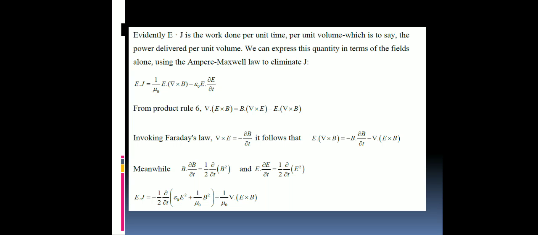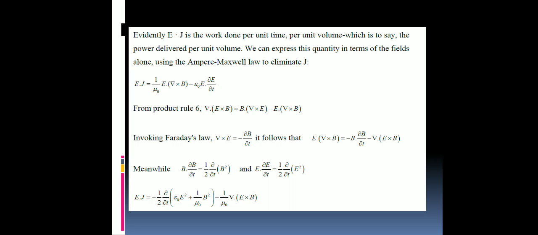Meanwhile, we can write B dot dou B by dou t as 1 by 2 dou by dou t of B squared. Similarly, E dot dou E by dou t is equal to 1 by 2 dou by dou t of E squared.